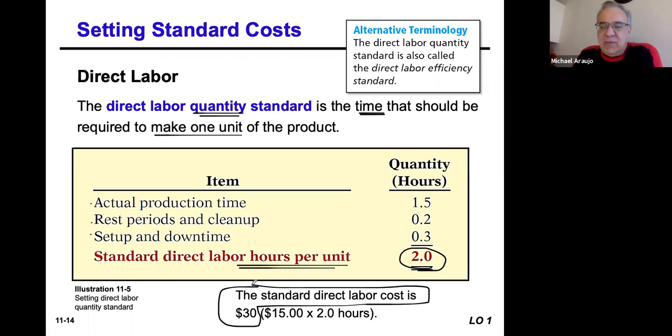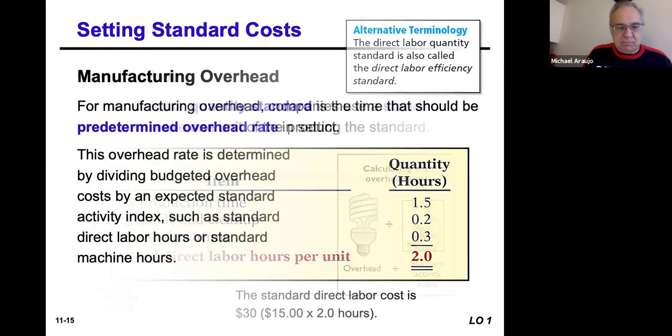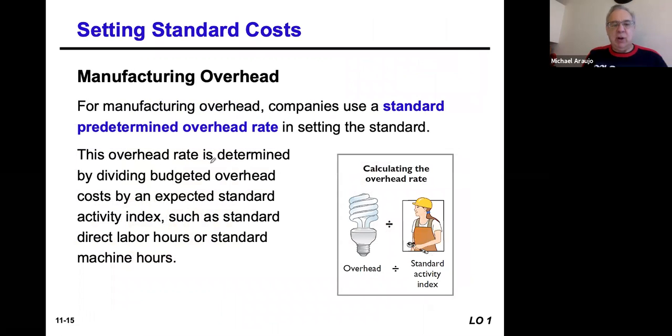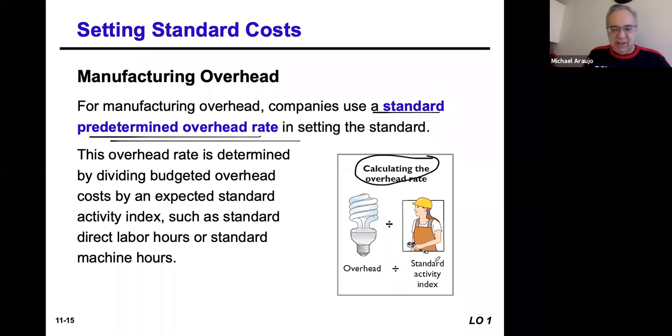So now we figured out 2 things already: direct materials, and now direct labor. The last thing is overhead. So for manufacturing overhead, companies use a standard predetermined overhead rate. Calculating that overhead rate, as you see here, is the amount of overhead divided by usually some activity index, like direct labor hours, for example.